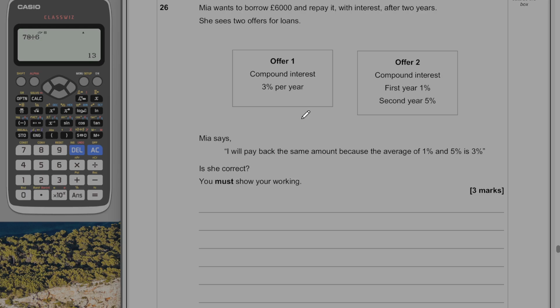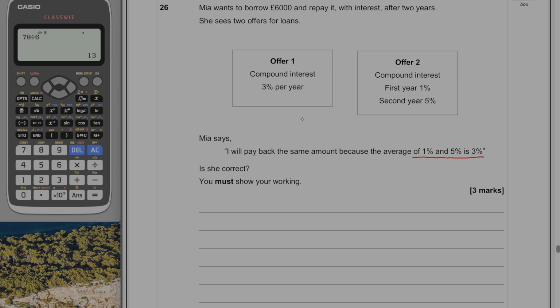My initial gut is I will pay back... because the average of... So in my head, I'm thinking I can be really cheeky here and say that that statement is definitely incorrect, because that's not how compound interest works, and that should be enough.